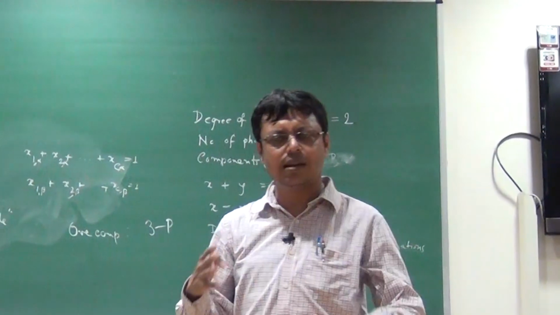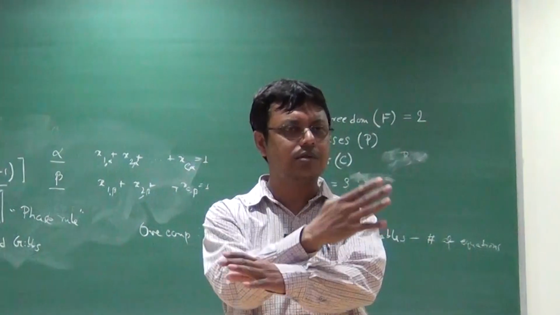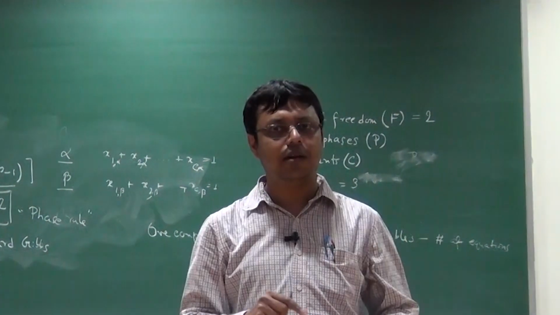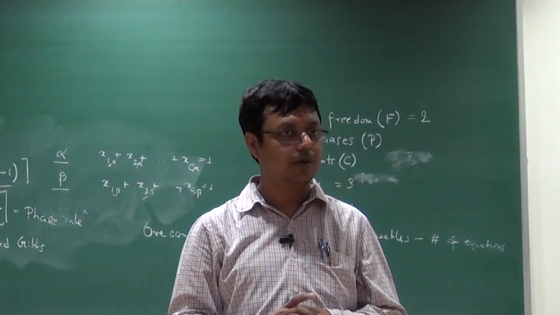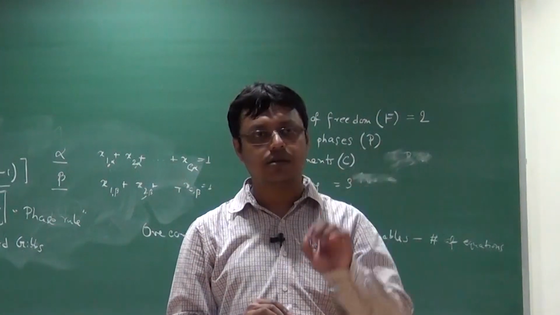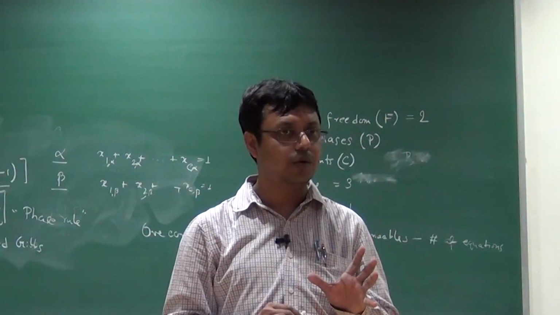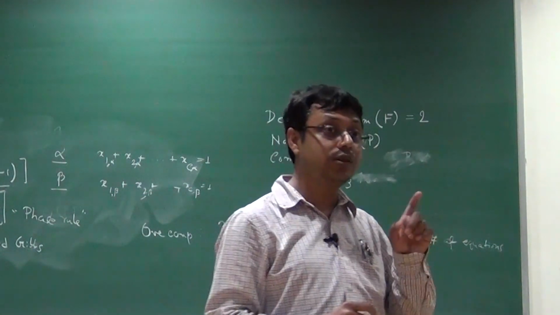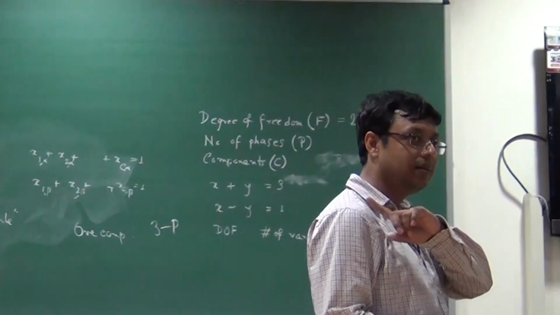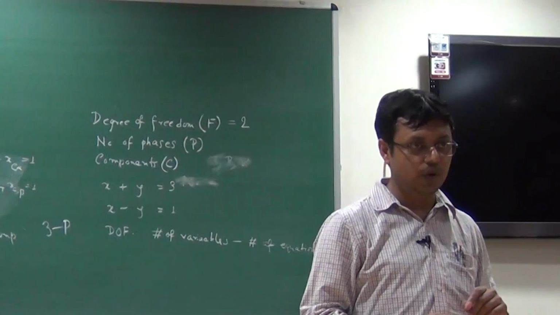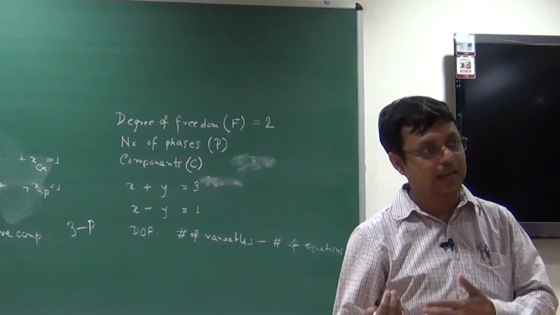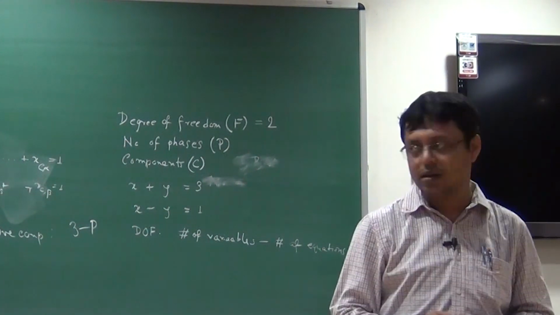Then you have to consider where the 2 surfaces are crossing, and what the equation of the line for that is. So all these complications will come, or we have to take projections on a particular plane, because the degrees of freedom are increasing. Particularly it will increase with components because C comes as a positive number. If I had more phases, then it will be fewer. All right.